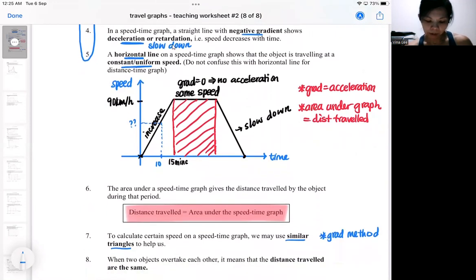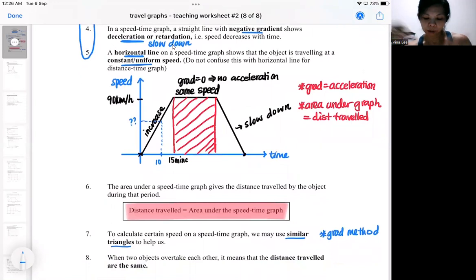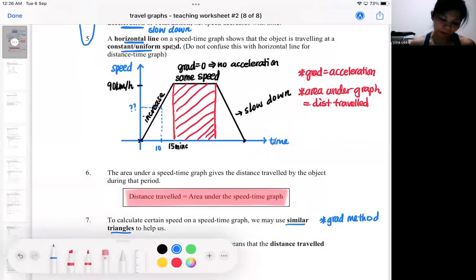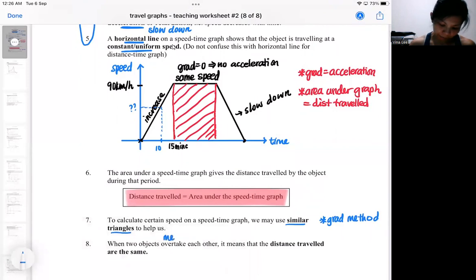And there's also an idea about two objects overtaking each other. So when two objects overtake each other, or sometimes when they meet, or when they collide with each other, there is a concept about distance traveled being the same, which also means area under the graph is the same.